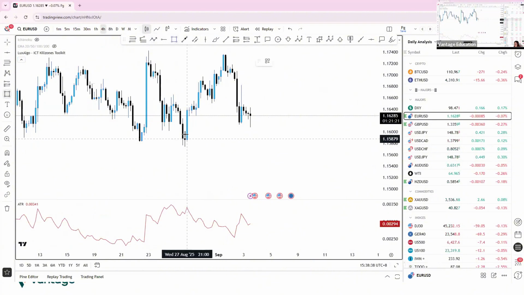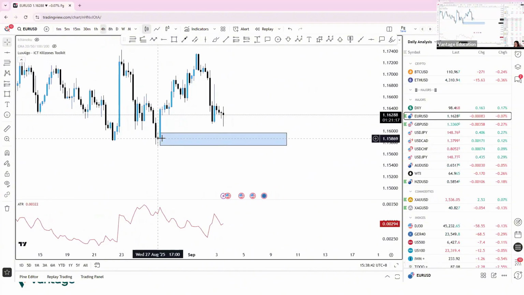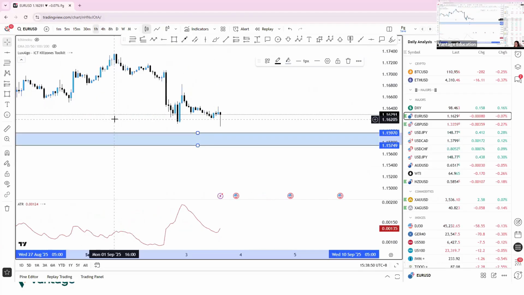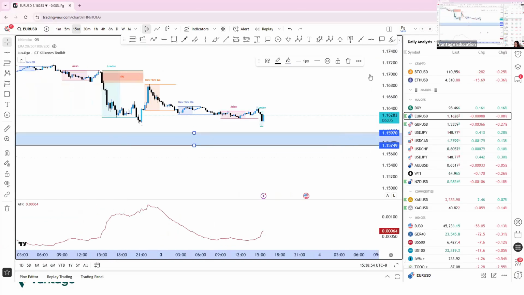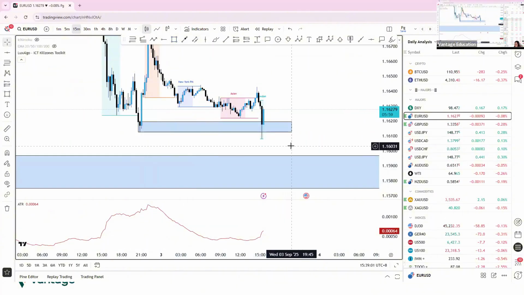I'm going to wait for price to come to this zone. I'm going to buy at this zone. I think price has bounced from that level because this is the demand zone.